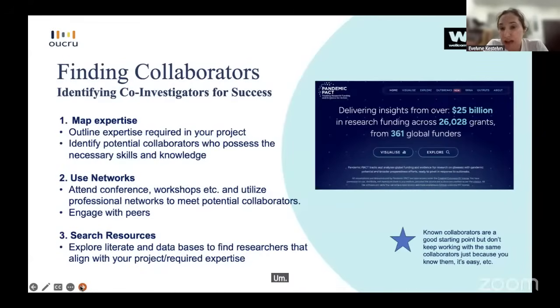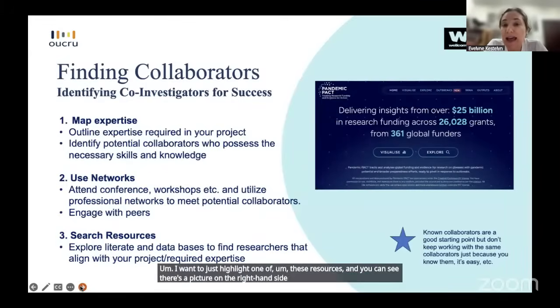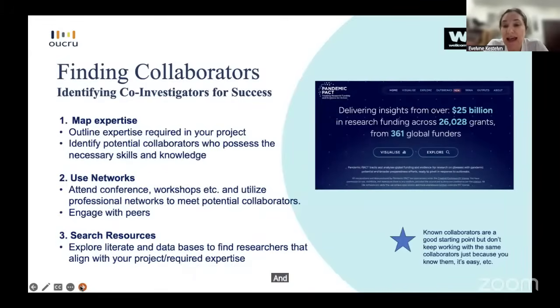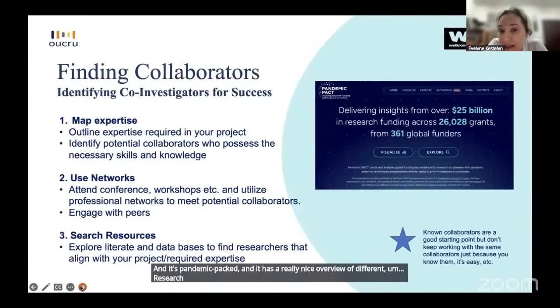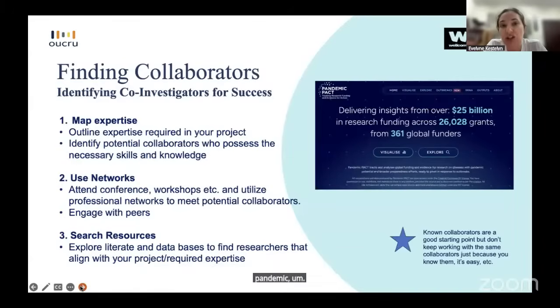I want to just highlight one of these resources, and you can see there's a picture on the right-hand side of the slide. It's Pandemic Pact, and it has a really nice overview of different research opportunities, mainly related to pandemic prevention, but very interesting.